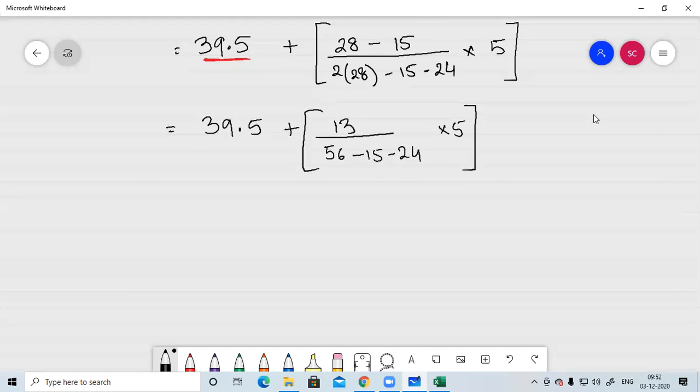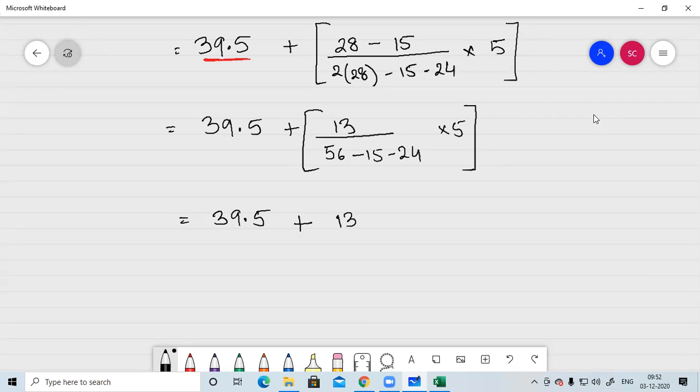We further move on and do the calculations of the denominator. So 39.5 plus 13 upon 56 minus 15 minus 24, which is 17, into 5. Now, the next step is you multiply 13 into 5.